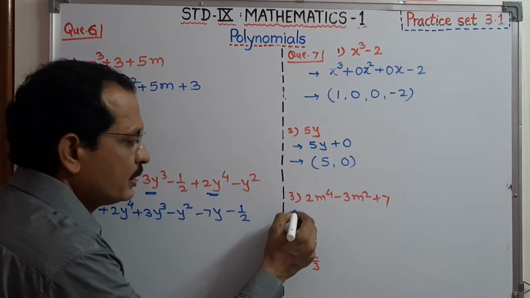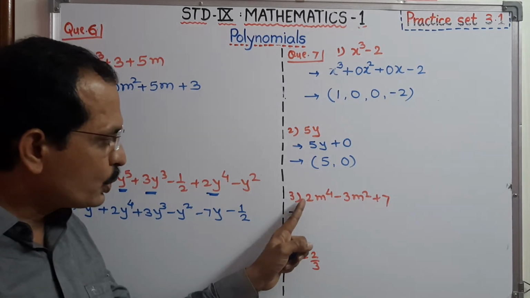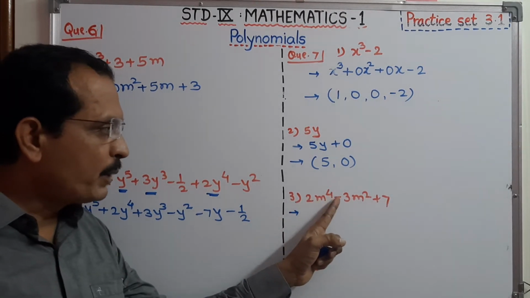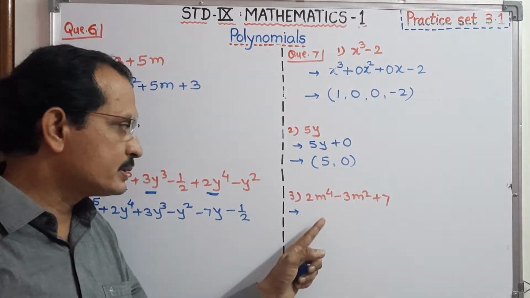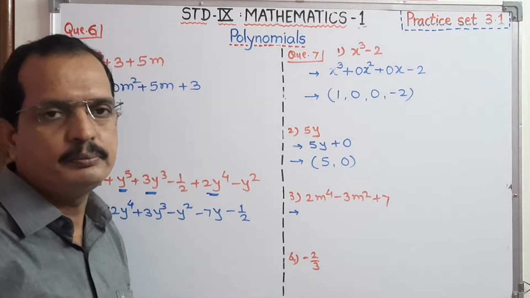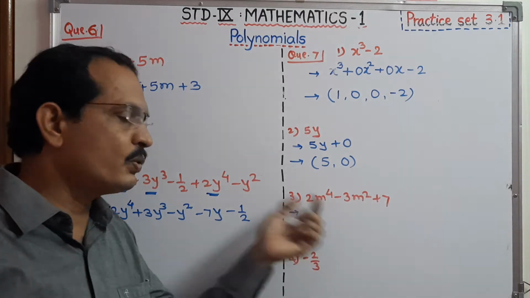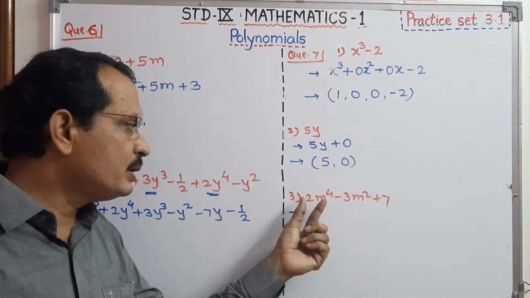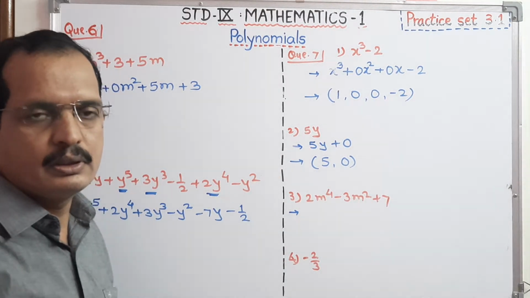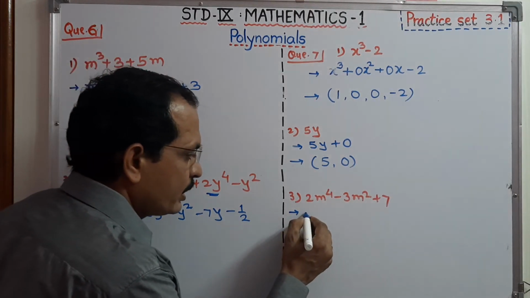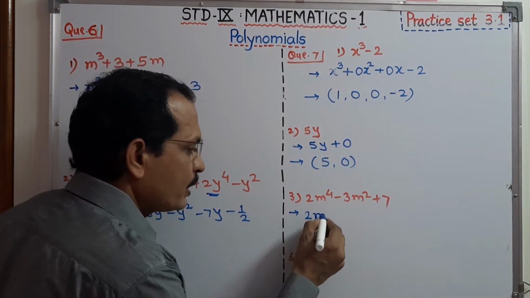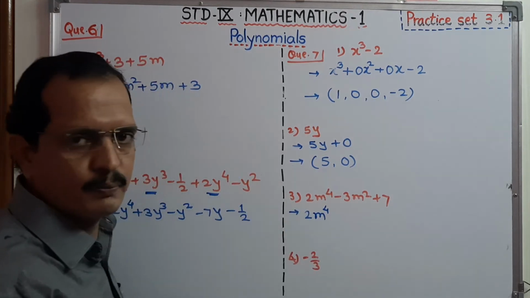Now see the third one: 2m raised to 4 minus 3m square plus 7. In this case, dear student, tell me the degree. Yes, very good, degree is 4. That means it must contain 5 terms. Are there 5 terms? No. Therefore we write 2m raised to 4 as the first term.